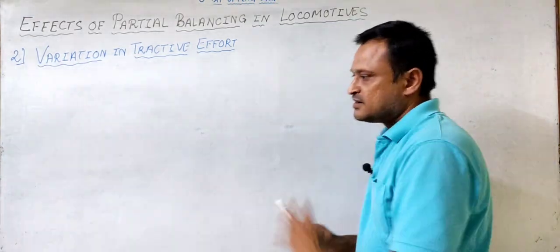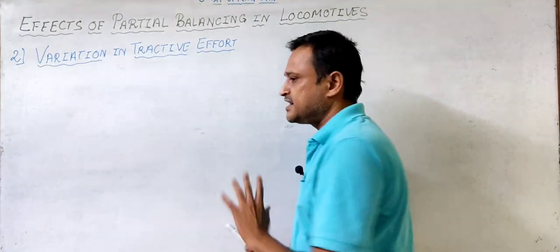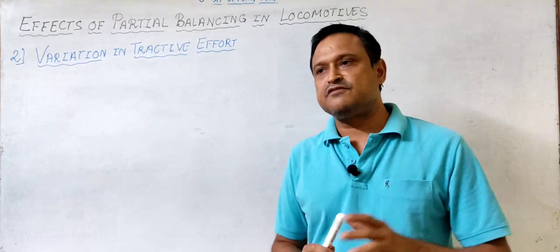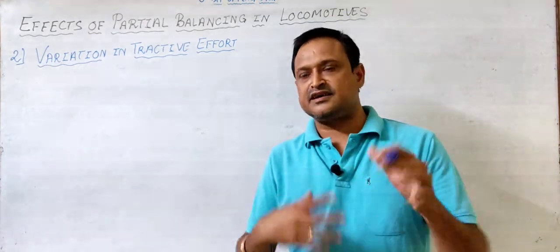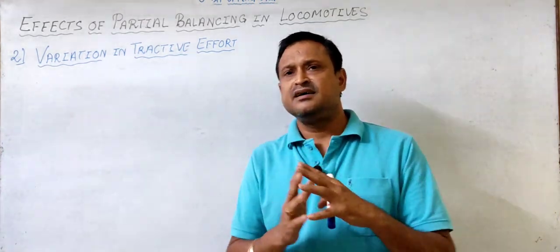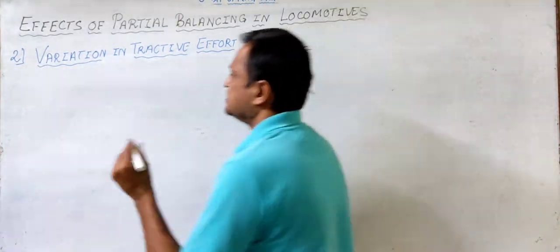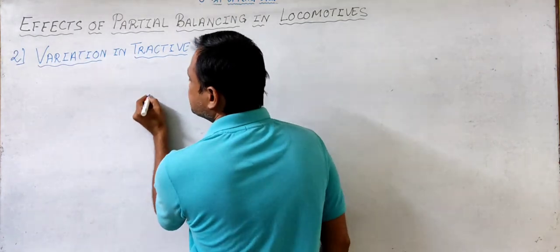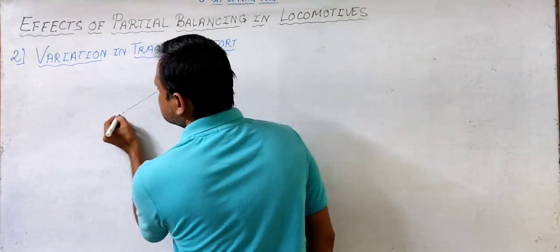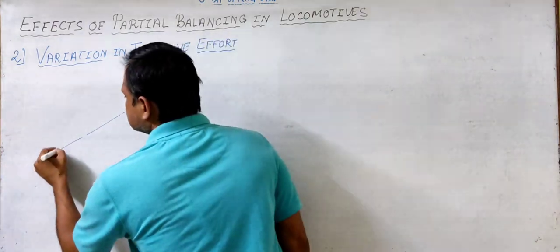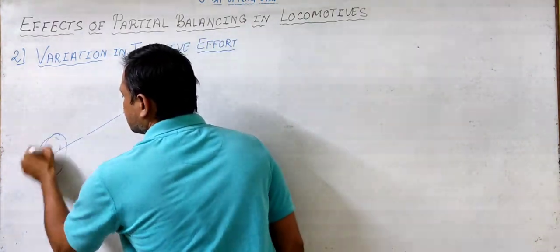getting into the understanding, you will see that the cranks of a locomotive, when there are two cylinders, have their phases kept at 90 degrees. It will be maybe something like this. If this is the axis of the wheel, this is one wheel, this is the other wheel, say, right?